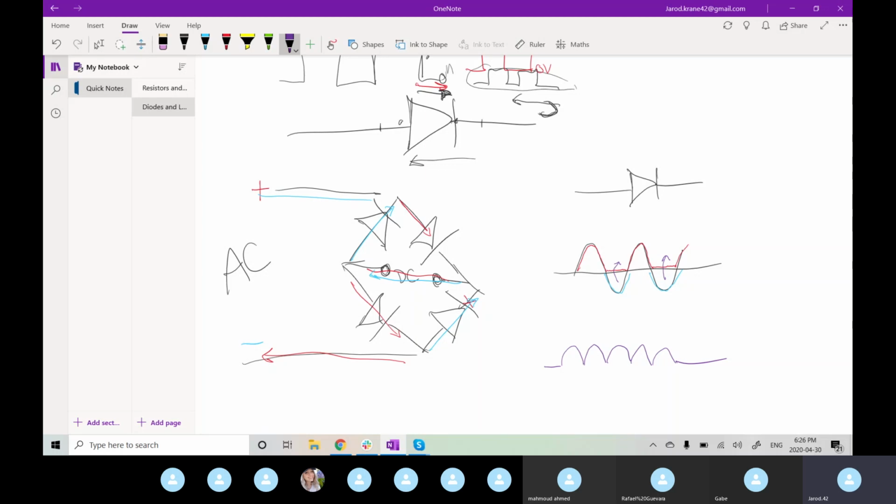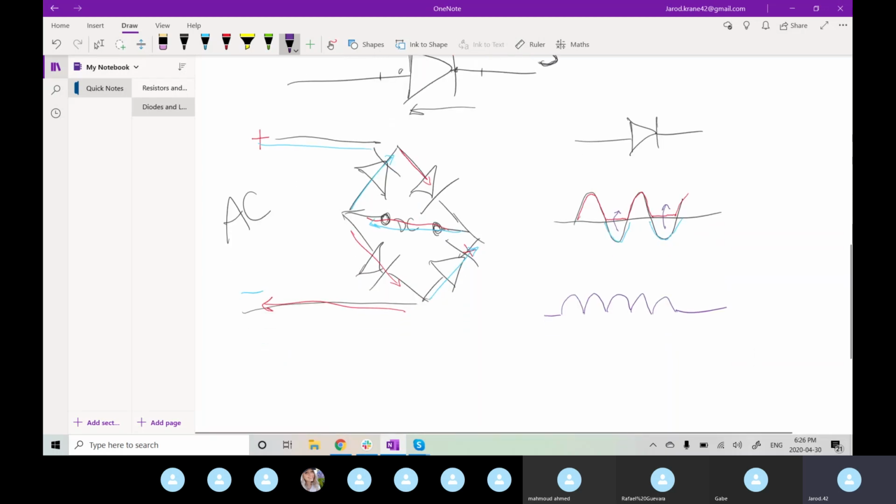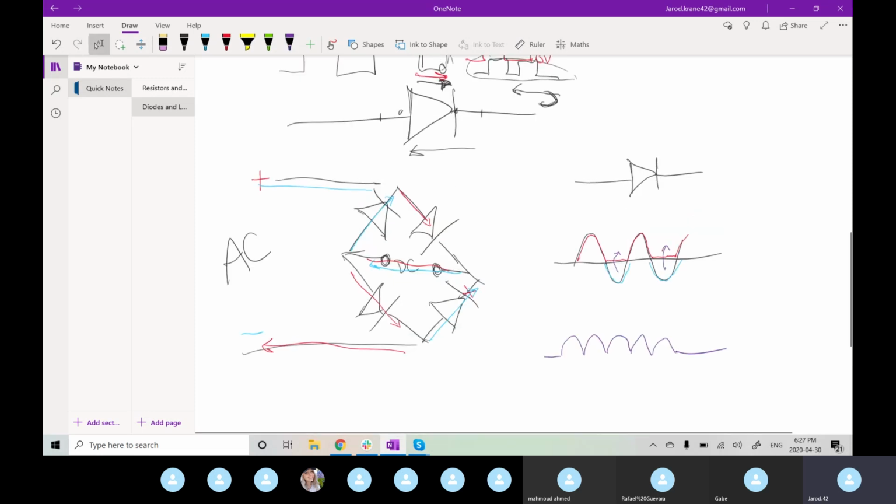This can then be further filtered to get a smoother DC output from an AC source. This is the simplest setup of an AC to DC, and we can go over that in another lesson on power conversions.